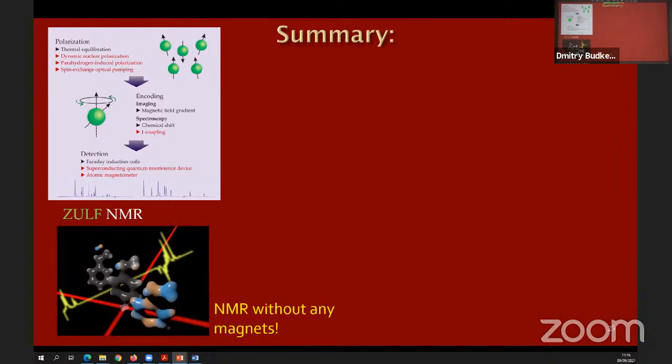So in the end, you can have an NMR experiment completely without magnets, and this was an earlier paper where we actually demonstrated this, and I really like the artist picture here, because it looks at first like abstract art, but in fact everything here has its meaning.